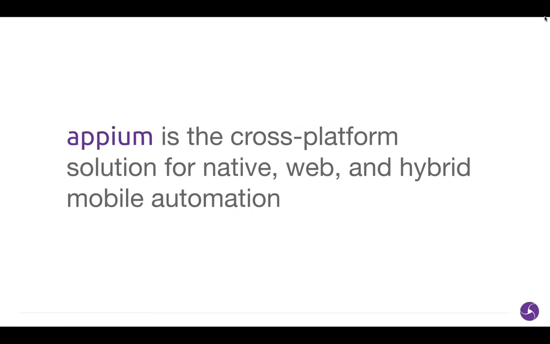But Appium is all about automation. Basically, it's giving you the power to write code that automates the apps that you care about. And of course, most people want to automate apps for the purpose of testing them. So Appium is extremely useful for end-to-end functional testing of basically all of your apps.